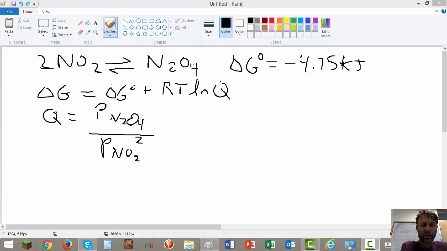So now using this formula, let's calculate delta G, and let's assume that the pressure of N2O4 and the pressure of NO2 are both 1 atmosphere.